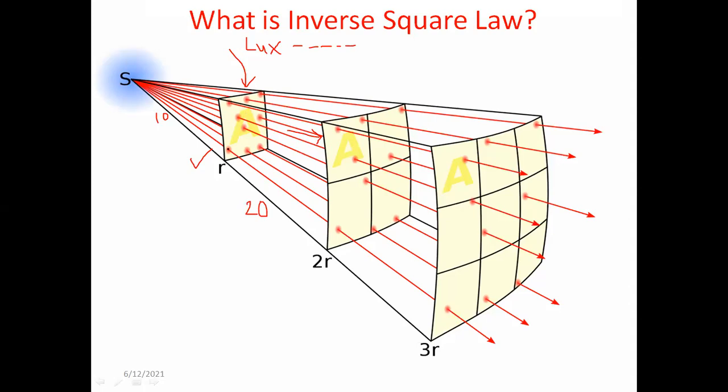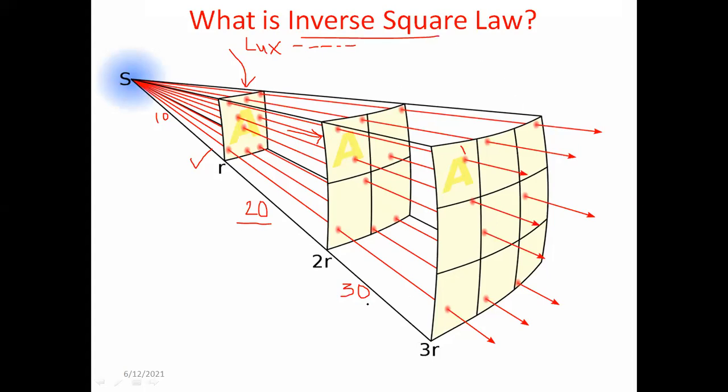Suppose in this area there are 9 rays, but for this particular area we have only 3 rays. It means the intensity for this particular area has decreased, as a function of distance. Further, if we increase the distance to 30 meter, then for the same area we have only a single ray passing through. So this is how the inverse square law works.